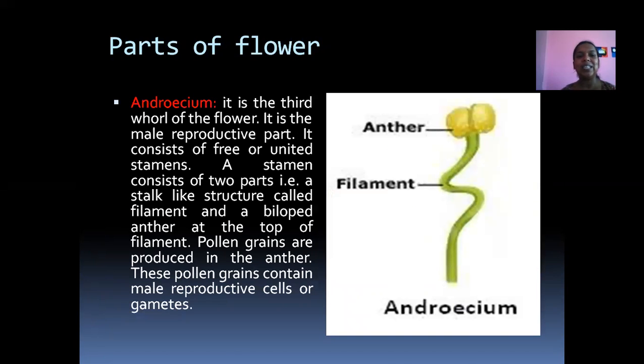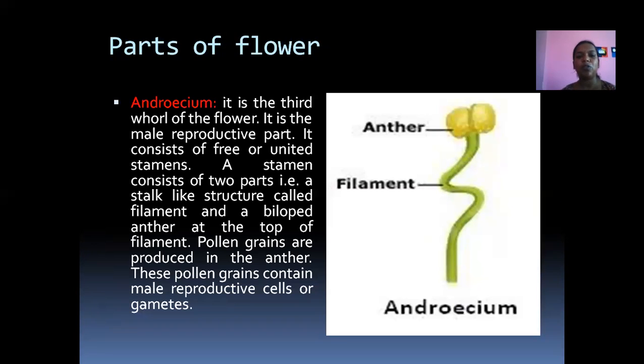Androecium. It is the third whorl of the flower. It is the male reproductive part. The flower has both male and female gametes. The androecium is the male reproductive part of the flower. It consists of free or united stamens.